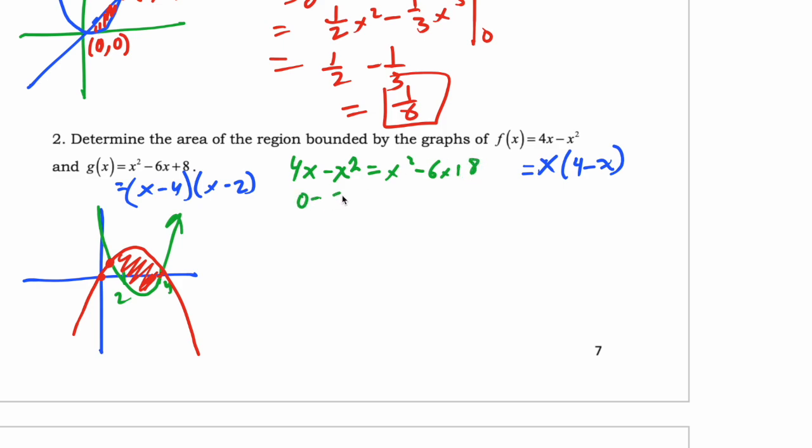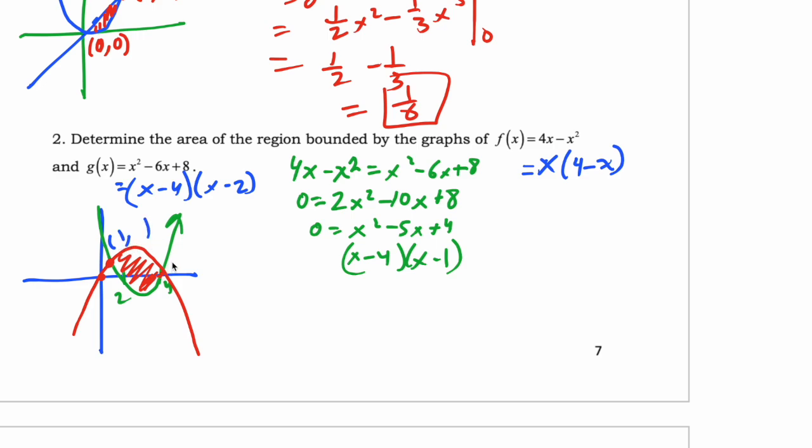Okay, so that's 0 equals 2x squared minus 10x plus 8. We can divide by 2. We got x squared minus 5x plus 4, x minus 4, x minus 1. So it intersects at, obviously at 4 and also at 1. Okay, so the x value is 1.